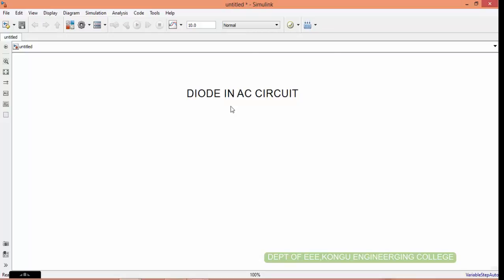circuit. Now let us get the components. You need an AC source, diode, load, current measurement and voltage measurement. Now go to the SIMULINK library.